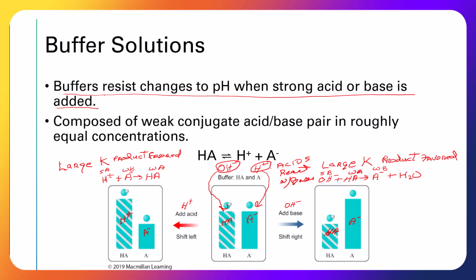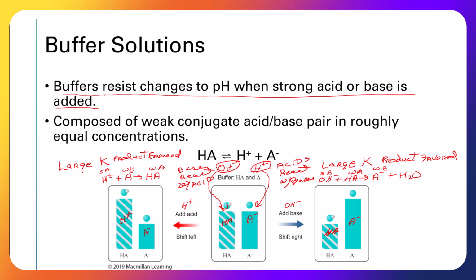And on the other side, when I add strong base, bases react with acids. And so when I add strong base to a buffer system, the base reacts with the acid.